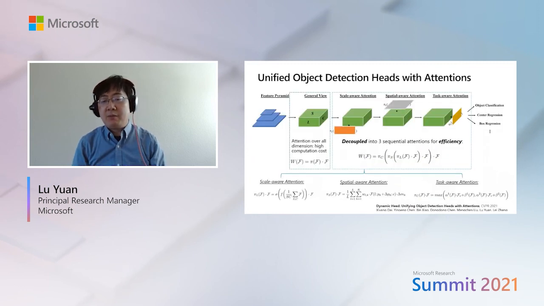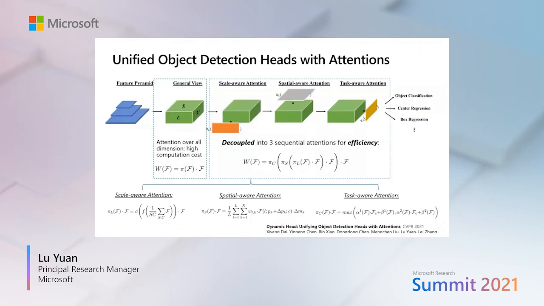Given the feature pyramid from the backbone, we decompose attention mechanisms into three sequential attention modules: a scale-aware attention along the pyramid levels, a spatial-aware attention along the 2D spatial location XY axis, and a task-aware attention along feature channels.